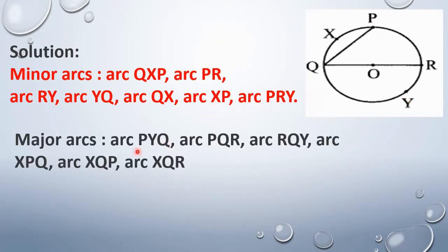Now we have to find the major arcs. The major arcs are arc PYQ. Arc PYQ is a major arc. Then next is arc PQR, which is also a major arc. Then arc RQY, this is also a major arc.